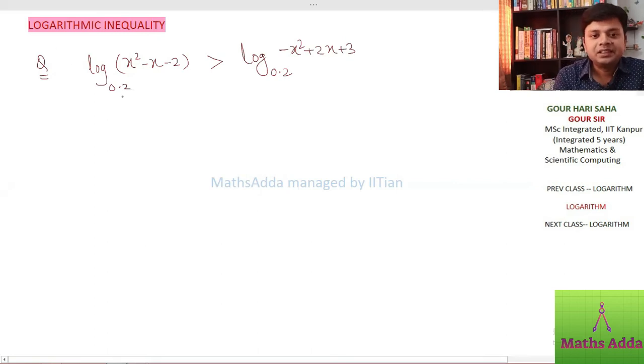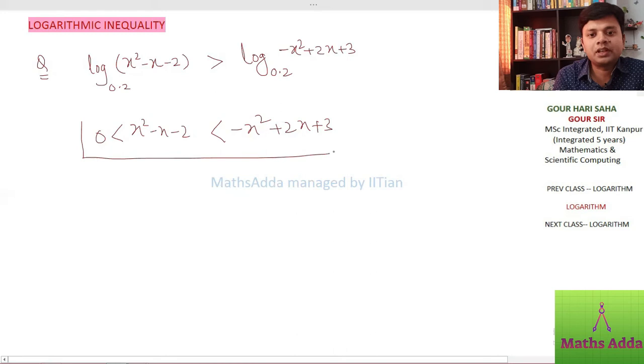I see here the base is less than 1, so the sign will change: x square minus x minus 2 less than minus x square plus 2x plus 3. Be careful. Both terms must be positive so that the log is defined. So this is equivalent to solving this logarithmic inequality. I hope you are able to connect with what I am saying.